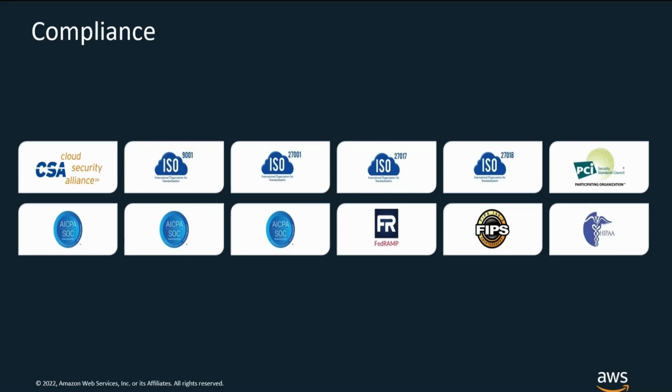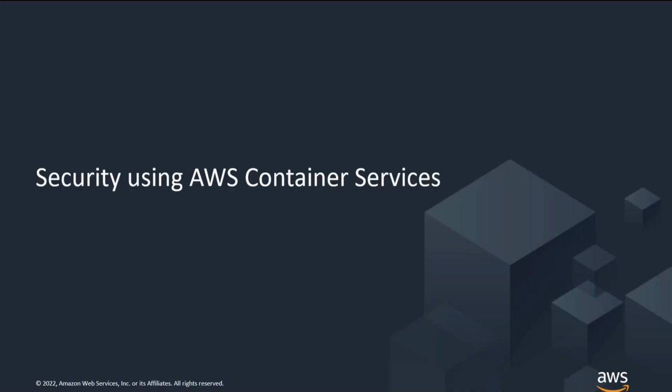Your compliance responsibility when using AWS Container Services is determined by the sensitivity of your data, your company's compliance objectives, and applicable laws and regulations. AWS provides resources like security and compliance quick start guides or white papers around HIPAA, for example, to help you with compliance. So having covered the fundamentals now, let's dive into the security controls for containers.